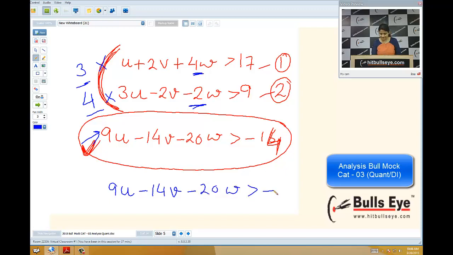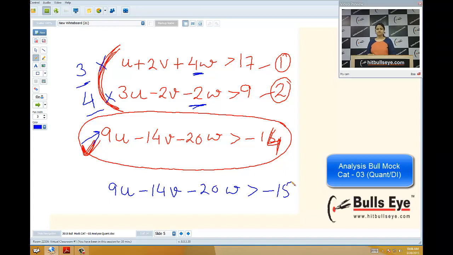If we solve this, we'll get this is greater than minus 15. If this is greater than minus 15, it can be minus 14 as well, and it can be more than minus 14 as well. Minus 14 is greater than minus 15. That's why we cannot be sure whether this expression will be more than minus 14.